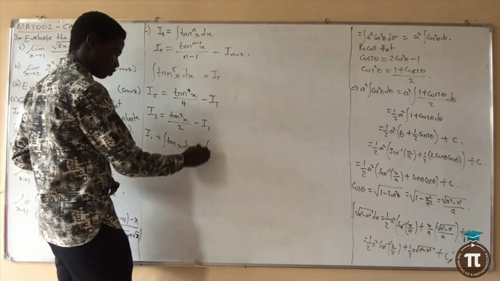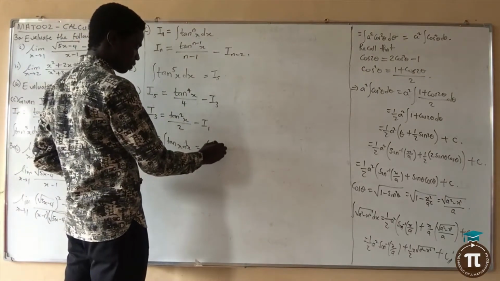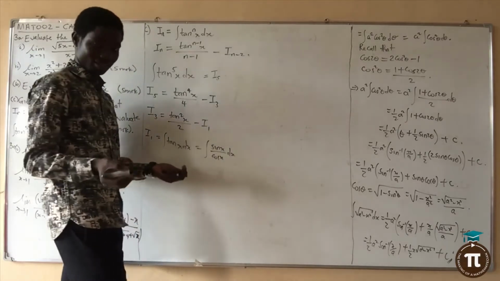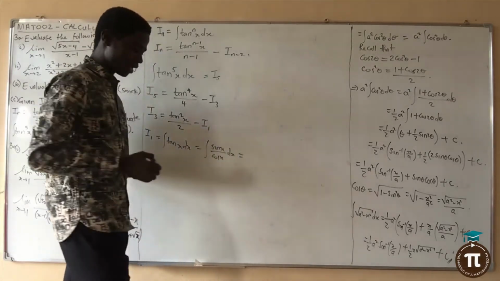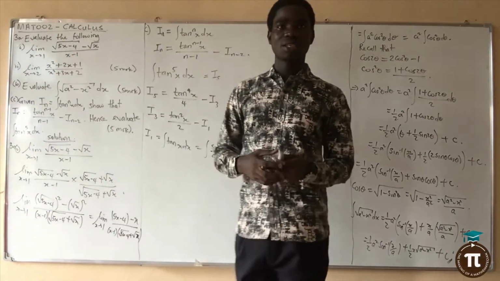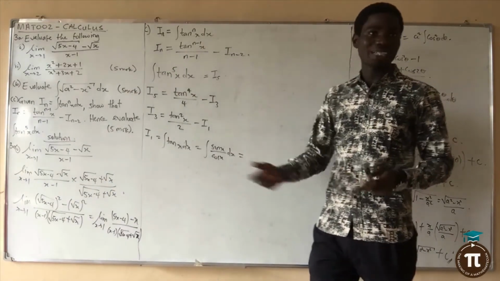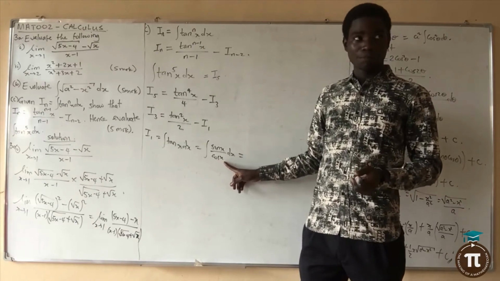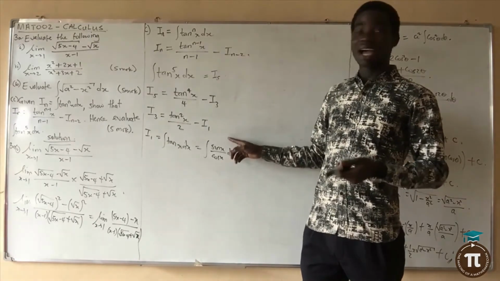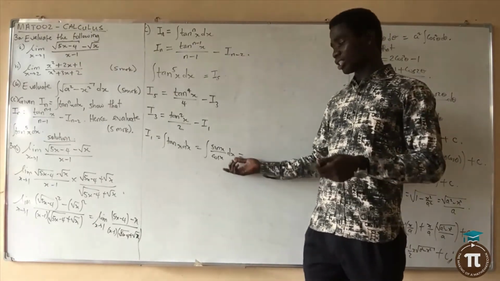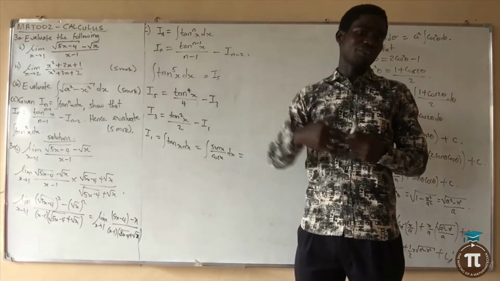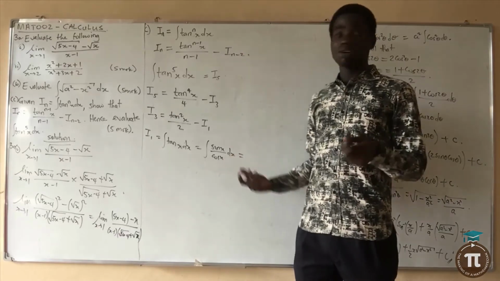So this will be equal to integral of sine x divided by cos x dx. If you have a rational function under the integral, if you differentiate what is at the denominator, for example differentiate cos, the answer is minus sine. So if you differentiate what is at the denominator of a rational function and you are getting what is at the numerator, the answer is ln of the denominator.